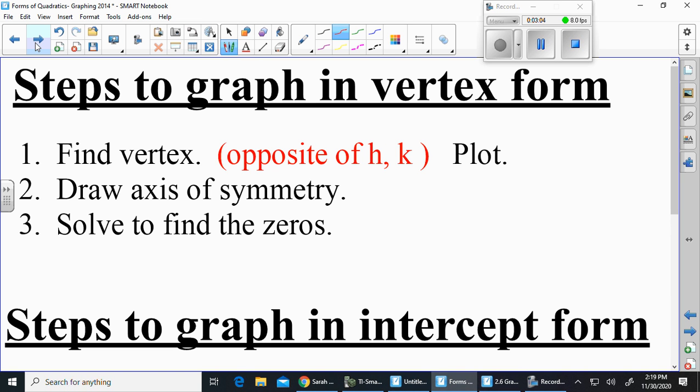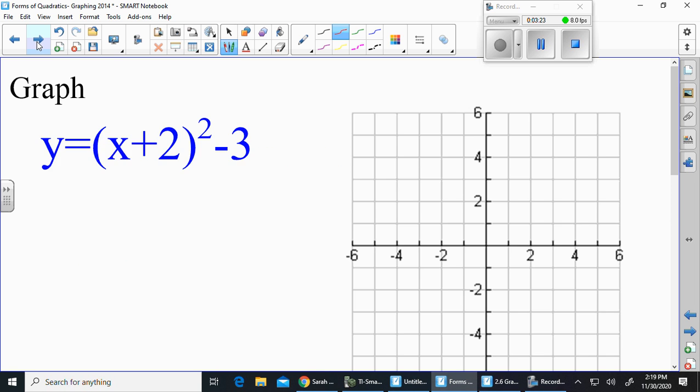And then there's 2 different ways. You can solve to find the zeros, or you can make a table. I'm going to show you both ways, and it's really what is being asked. So if I gave you this and I said, graph that, there is no opposite of b over 2a.